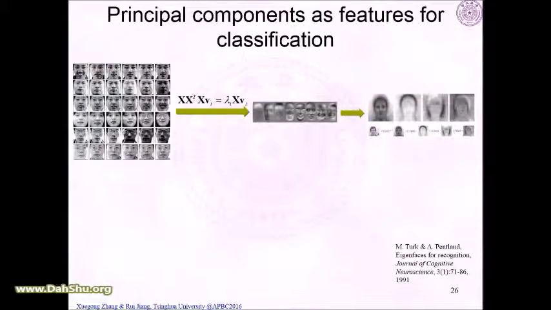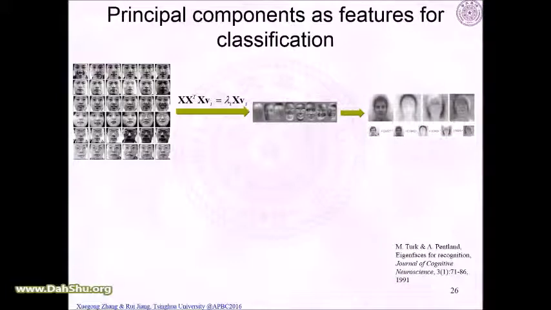There are many interesting applications of principal component analysis. One interesting application in artificial intelligence is the so-called eigenfaces. Suppose we want to do face recognition with multiple face training data.